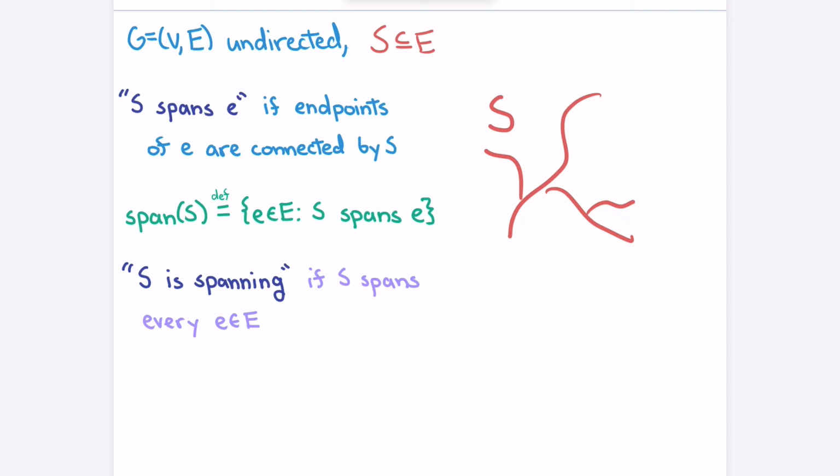Let's say I have a set of edges S, and it's going to span some other edge E if it already connects the endpoints of E. So there's E, and the endpoints I can already get from one end to the other in S. That includes edges in S, so this edge here is also spanned by S. It's spanned by itself. And we say that a set of edges is spanning if it spans every edge in the graph.